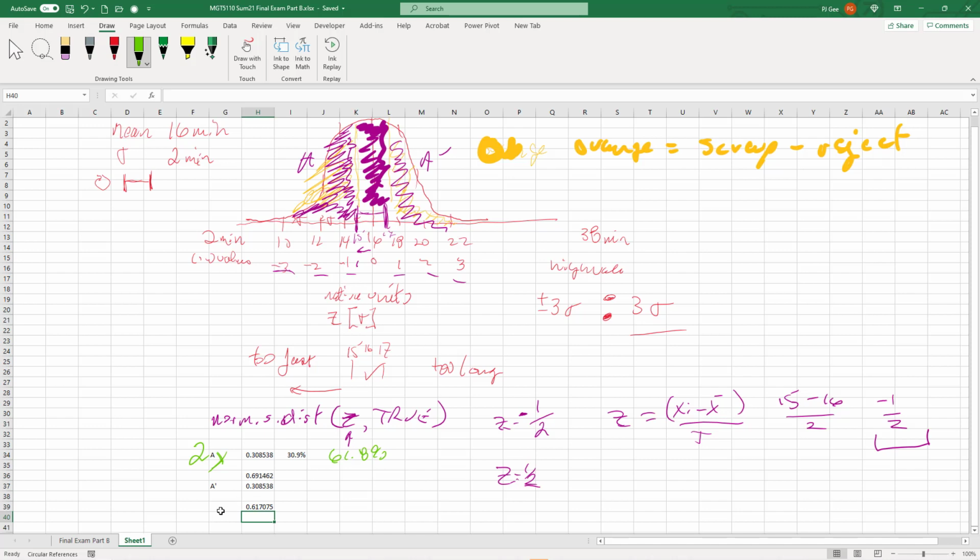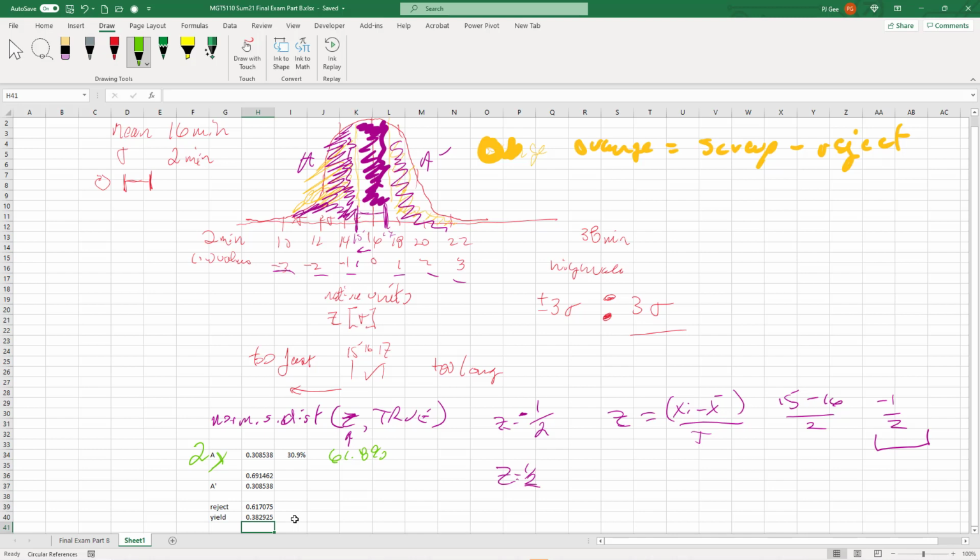So that would be your reject or fail rate, and your yield or acceptance rate. What is that? It's not the opposite, but the complement to that. It's everything other than things that are on the wings. So it's going to be equal to 1 minus that number, or 38.295. So the reject rate is 61%, and our yield is 38%.